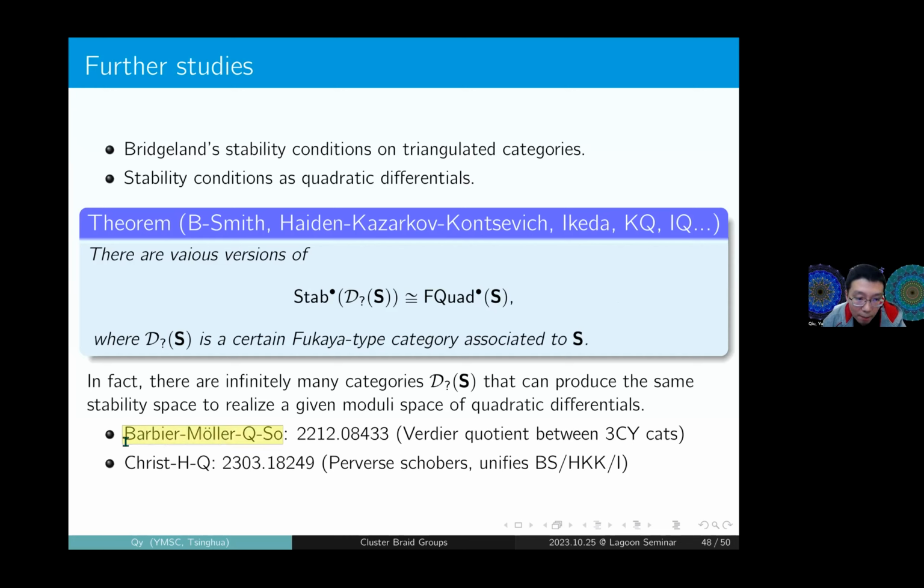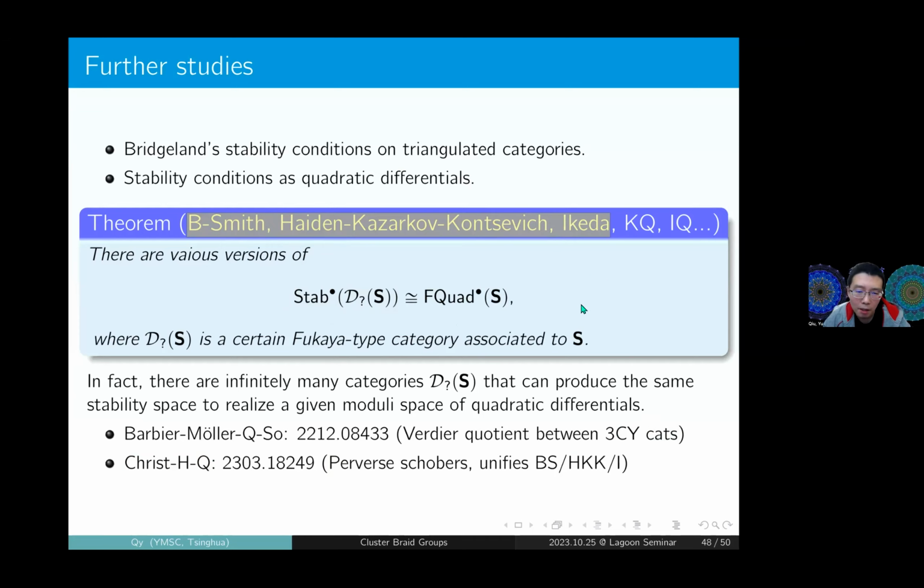In this BMQS work, we can show that if you take a vertical quotient between three Calabi-Yau categories of quiver potentials, then for the quotient category, you can also realize the space of stability conditions by the corresponding moduli space of quadratic differentials. And the type is also determined in some way. And in the work of CHQ, we use perverse schobers to unify almost all the previous results of this sort.